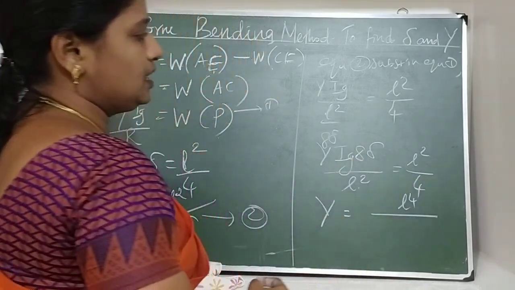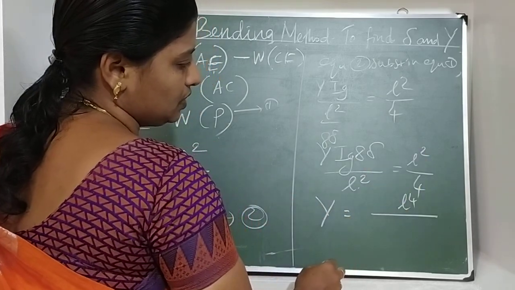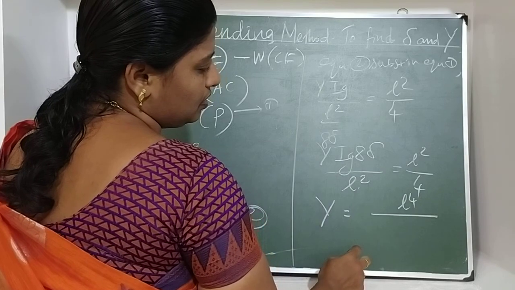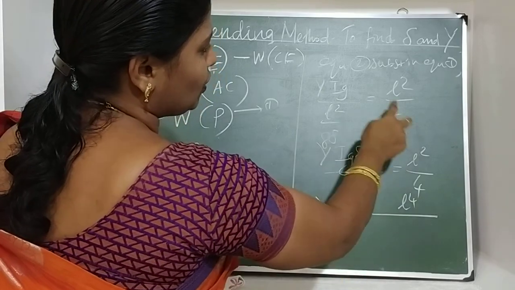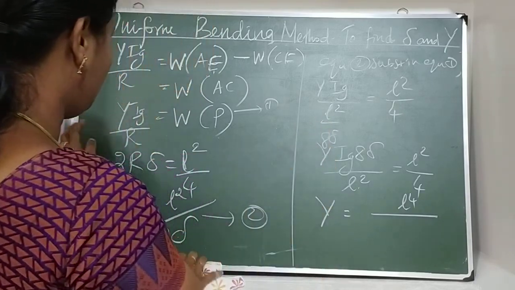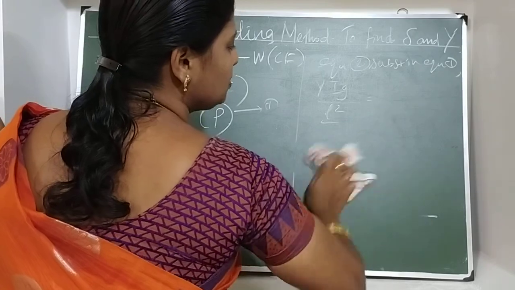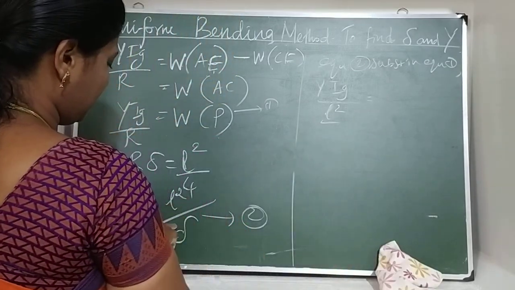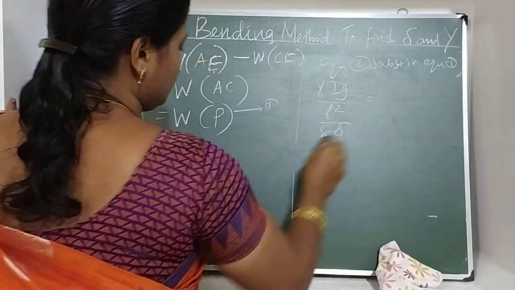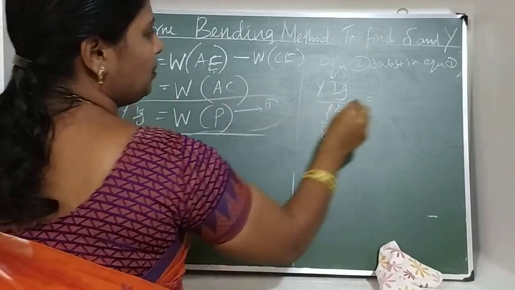We have to simplify this term. L squared by 4, we have to substitute this equation. Substitute this equation, L squared by 8 delta, that is equal to, from equation number 1, WP coming on this side.